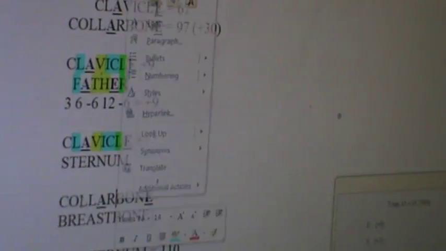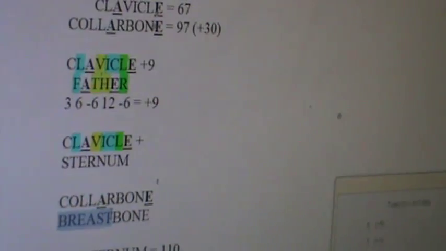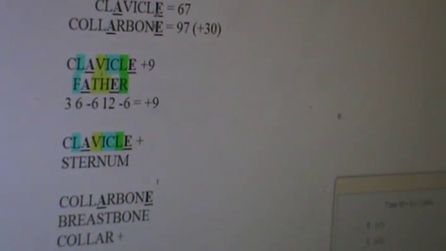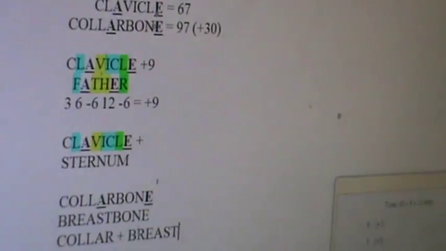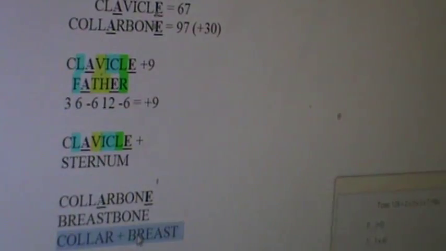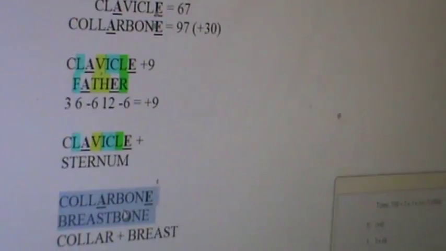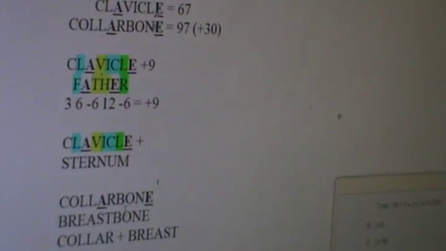Again, collar, Father; breast, Christ. So 61, 65, get married. If you just add collar plus breast together, you get 126, which divides by 6 and divides by 9, very nice. And then with bone in there, it still divides by 6, it's 6 times 33. I really like that. So that's awesome.